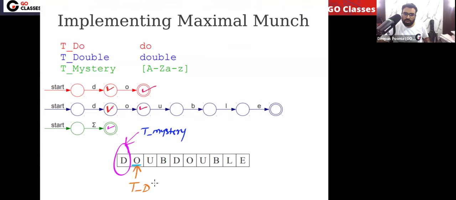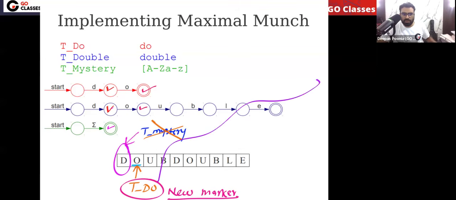So I can remove the earlier marker; this is the new marker. Is this clear? But we will not immediately generate the token DO. We will keep reading because we will go long.